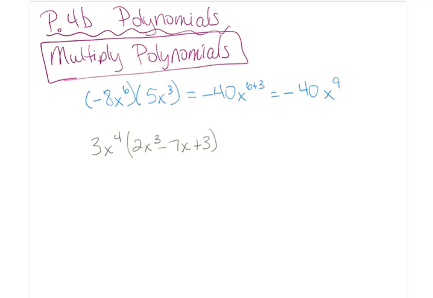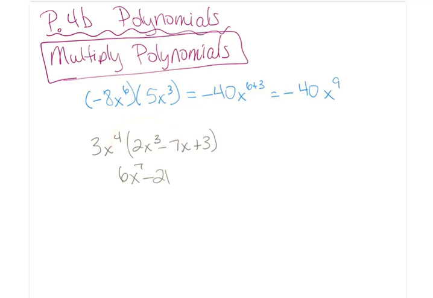So same thing as above, right? Your whole numbers to whole numbers and variables to variables. So 3 times 2 is going to be 6. X to the 4th times x to the 3rd is going to give me x to the 7th. 3 times negative 7 is going to give me negative 21.